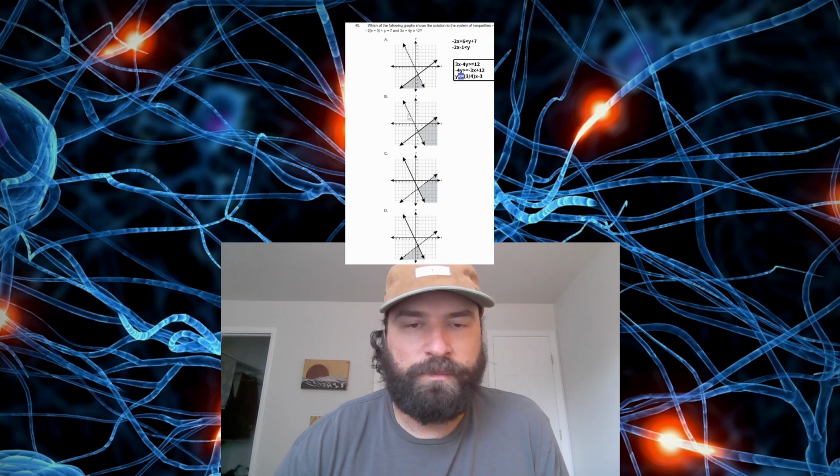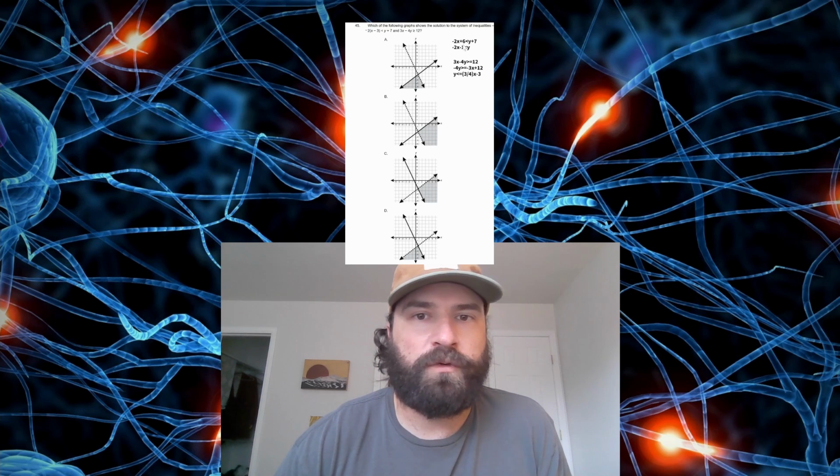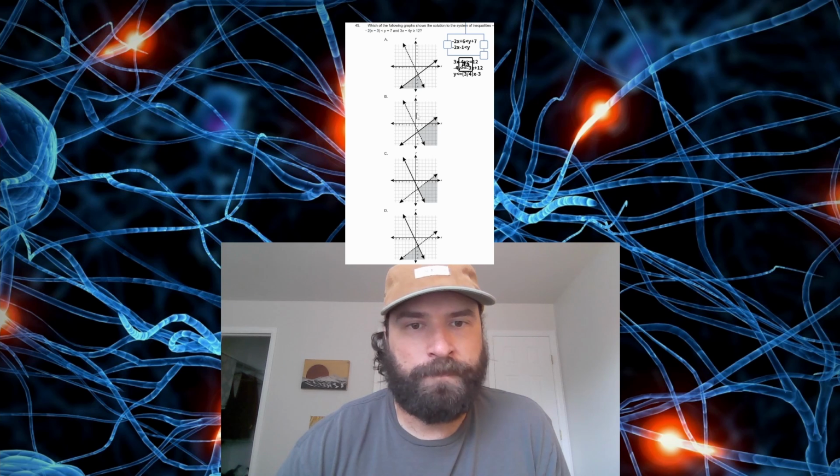So if our dotted line was the up and to the left one, it should have a negative slope and not be equal to. And that's exactly what we're looking for. This equation has a negative slope, negative 2x, and it has a less than sign without an equal sign. So A and B are going to be the correct types of lines, so we can eliminate C and D from contention.